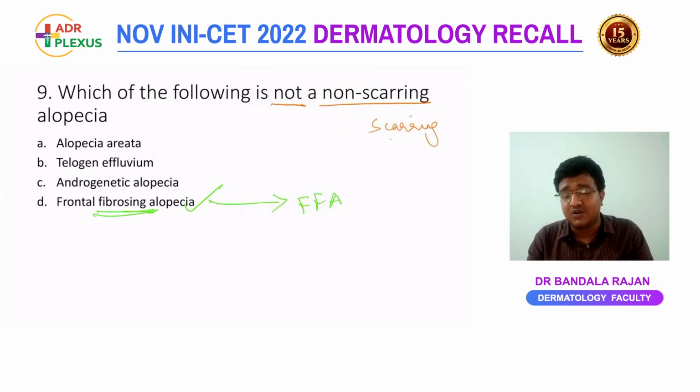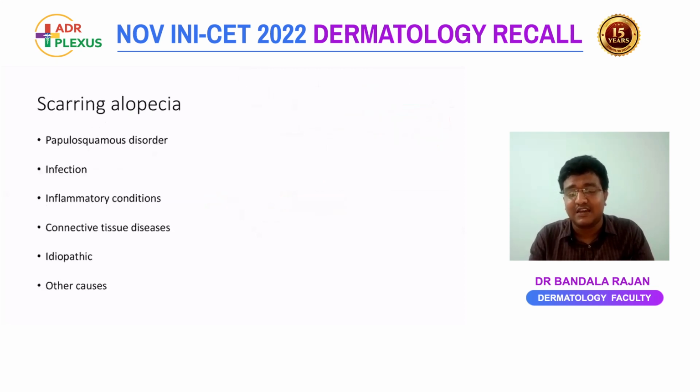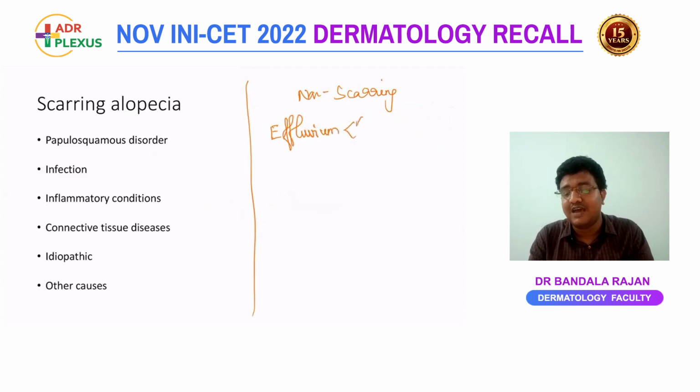Now, some small clues for how to divide scarring and non-scarring alopecia. In non-scarring, we can remember it like this. All effluvium are non-scarring. What are the effluvium we know of? Anagen, telogen. Anagen effluvium and telogen effluvium are non-scarring.